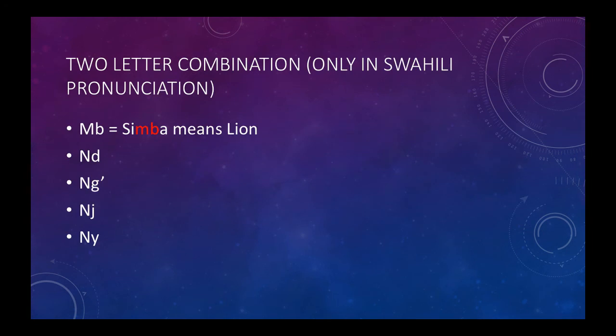In this slide, the next two-letter combinations that are only found in Swahili are MB as in Simba, which is in red, ND, NG with an apostrophe, NJ, and NY. I'll be explaining these combinations in the following slides.